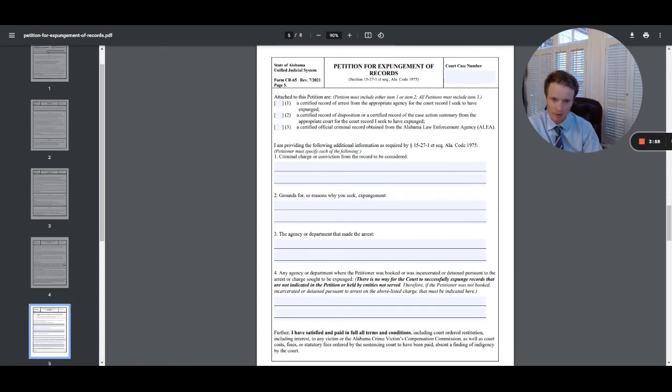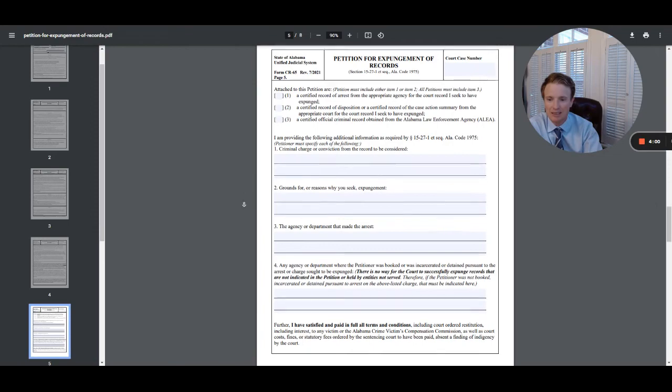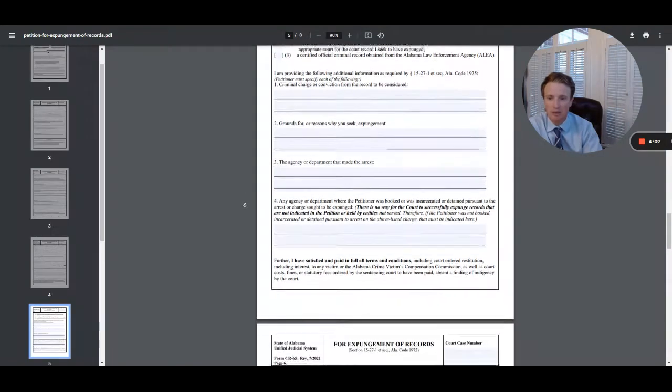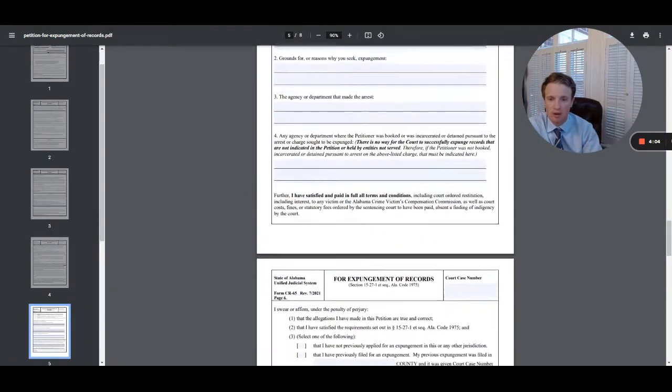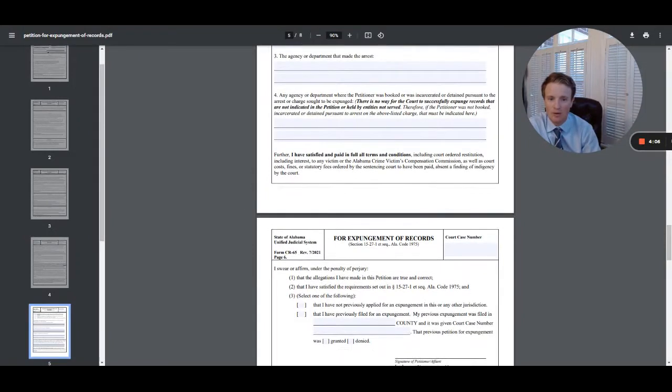Generally we put employment purposes, the agency or department that made the arrest, and the reason you have to put that is you've got to lay out all of the agencies that are going to have to expunge their records. If they don't get notice of the expungement, then they can't erase their records. Also where they were booked, what jail, same thing, so the jail can expunge their records.